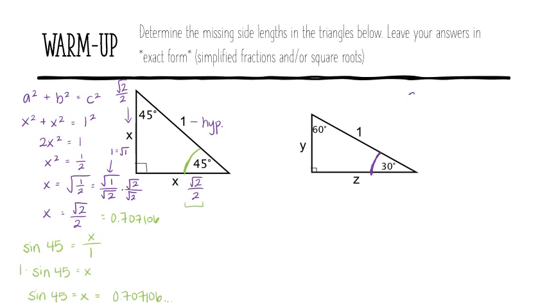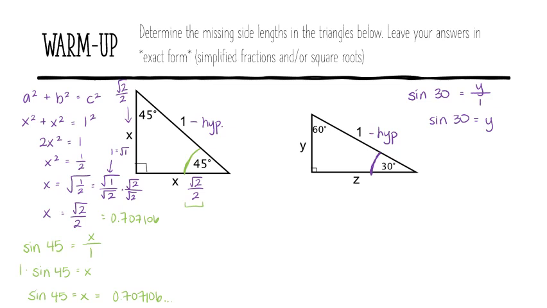So I can write that sine of 30 degrees is equal to y, that's my opposite, over 1. That's given as my hypotenuse here. So sine of 30 is equal to y. Maybe I don't right now have sine of 30 memorized.